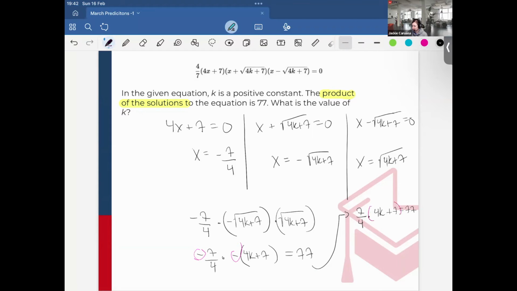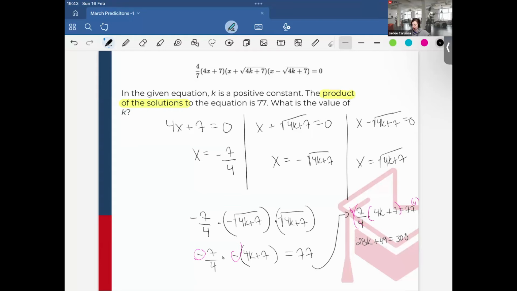And next I can now solve for our answer. So I'm just going to multiply each side by 4, cancel the 4 here. And then we would have 28k plus 49 is equal to 308.